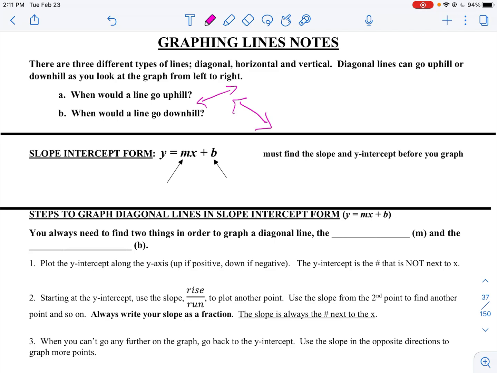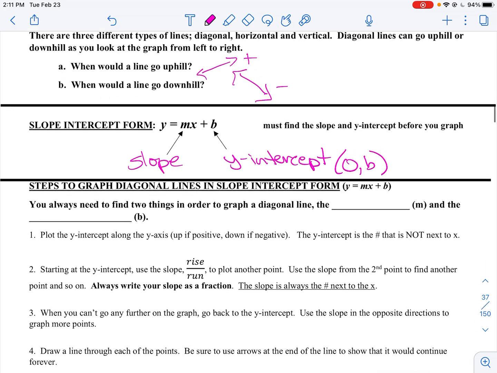Slope-intercept form. Remember that the m is the slope, the b is the y-intercept. And if you're looking at a graph, remember that it's in that form. So, I'm sorry, I forgot up here, this would be positive. This would be negative. There we go.